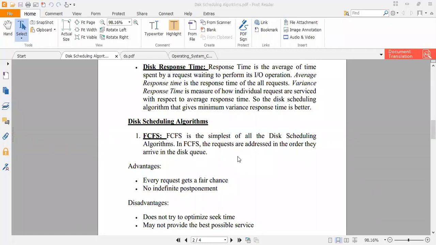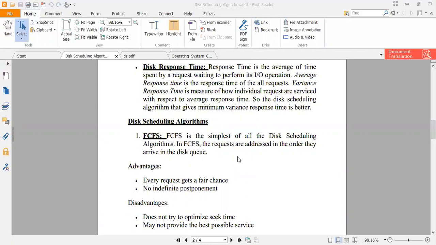So as we know, in FCFS, requests will be served in the order of arrival. So we all know from the very first lecture of operating system, FCFS is the best algorithm in terms of fair chance, because when we are using FCFS, every request will get a fair chance.